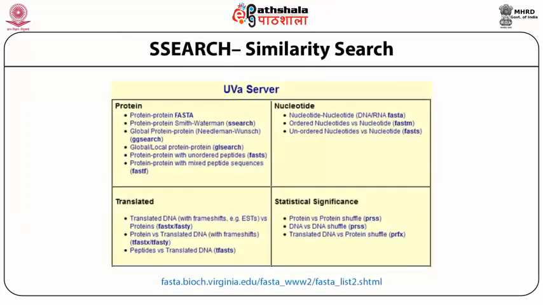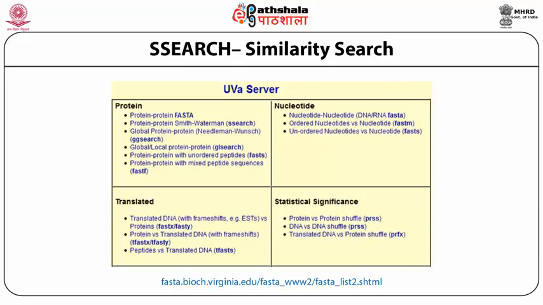S-search, available at the UVA server, uses local alignment for search, and in addition, two variants on the basis of global alignment, that is GG search, and global-local alignment, that is GL search, are also implemented. At the same interface, the FASTA suite is also implemented. The FASTA suite will be discussed after S-search.